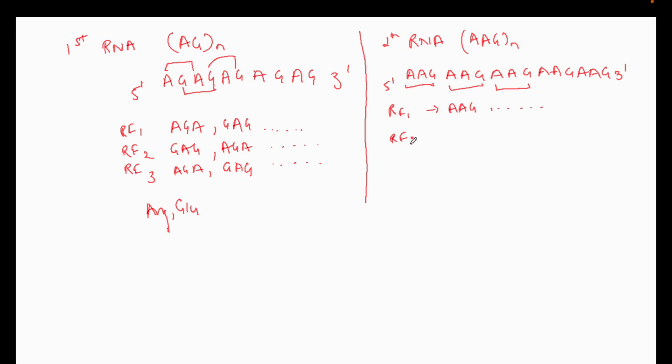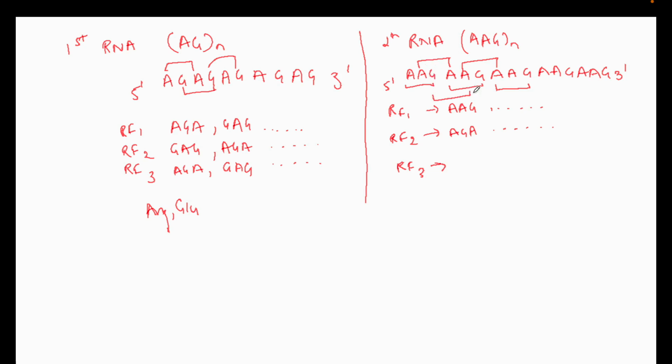The second reading frame will be AGA n number of times, and the third reading frame will be, this is the third, right?